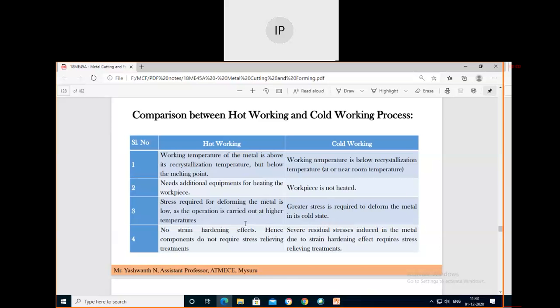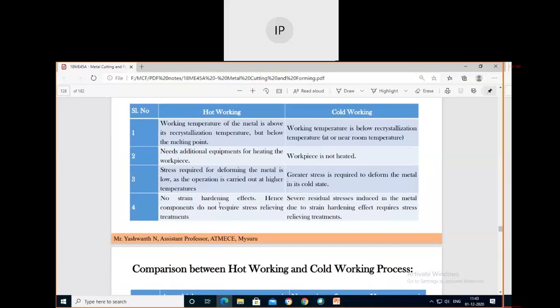The fourth one: no strain hardening effects. Hence, components do not require stress relieving treatments here because of the workpiece's heating condition. But in cold working, several residual stresses are induced in the metal due to the strain hardening effect, which requires stress relieving treatments.